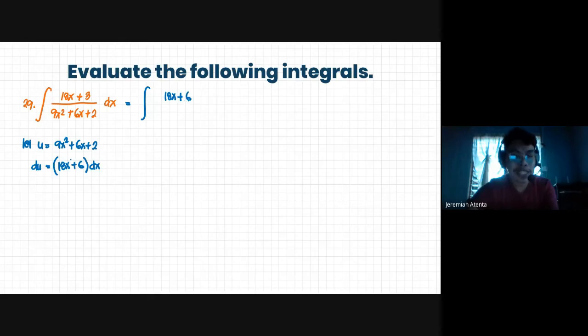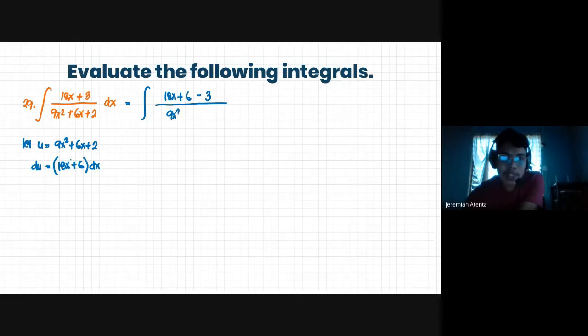Ginawa natin siyang 18x plus 6. So, therefore, para babalik siya to 18x plus 3, we need to subtract 3 here. Okay lang ba? Or shortcut ko kasi siya. Okay? So we have 18x plus 6 minus 3. Right? So para lalabas itong 18x plus 6, all over 9x squared plus 6x plus 2 dx.